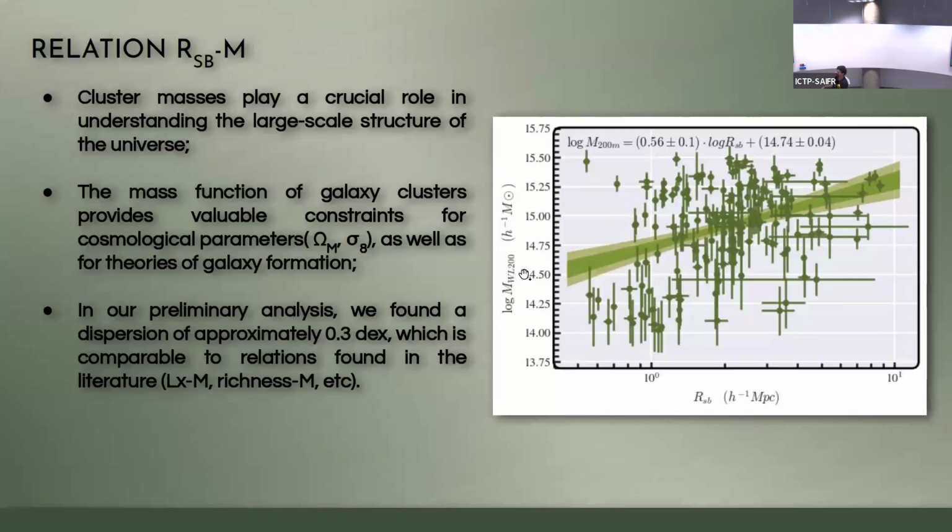The idea behind why we are doing this is, as I said, masses are really expensive to measure. We need weak lensing or spectroscopy or X-rays, for example. So we want a scaling relation from easy parameters that we can observe to measure mass.